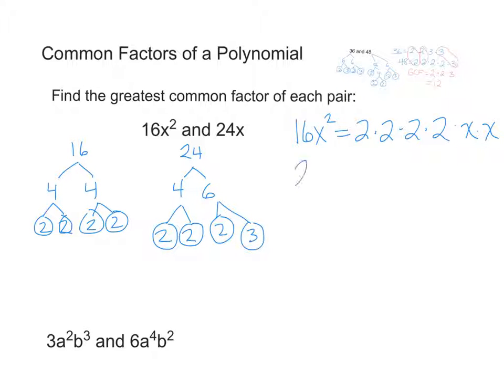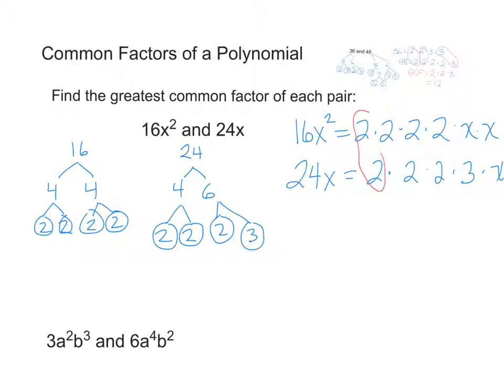So then 24x is 2 times 2 times 2 times 3 times x. Because it's just 24x. There's only one x term. To then find the greatest common factor, look at what's common in the 16x squared factorization and the 24x factorization.